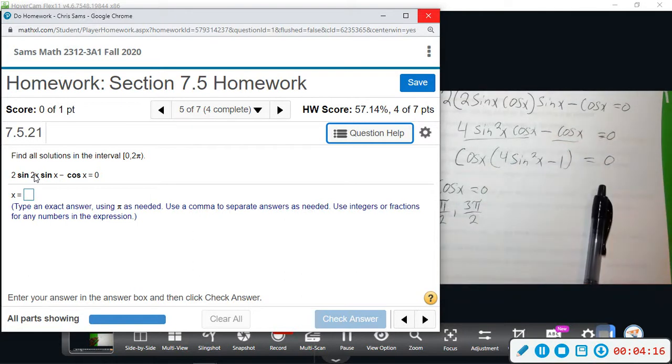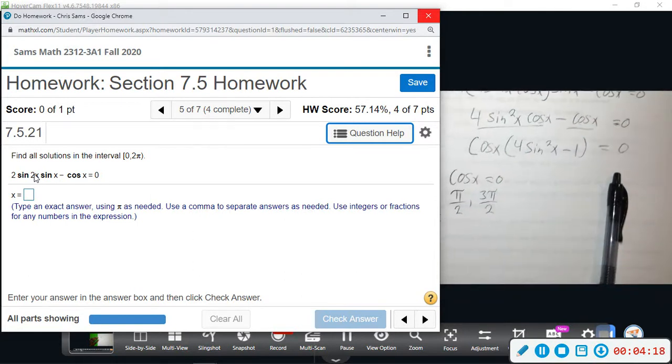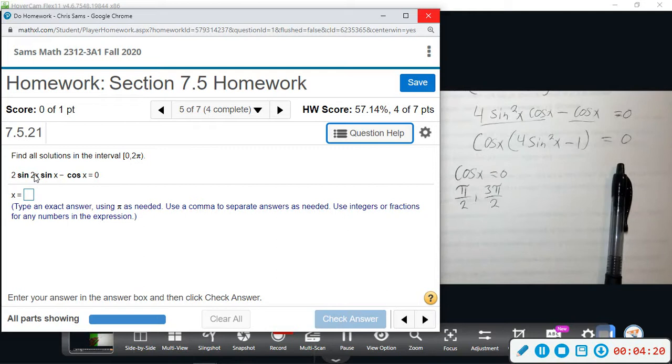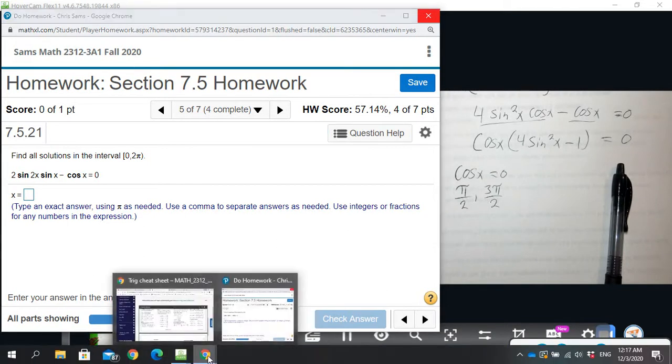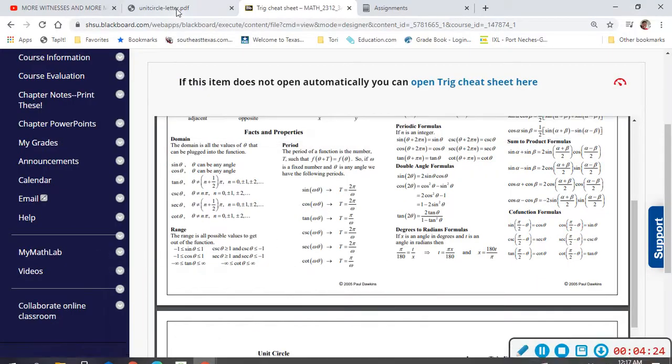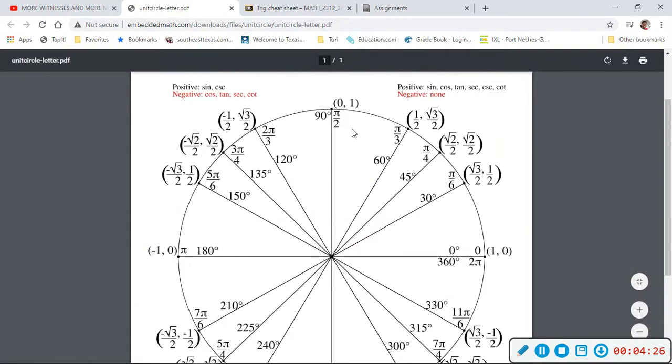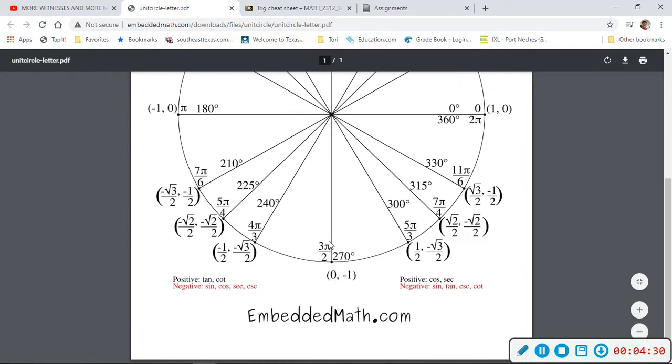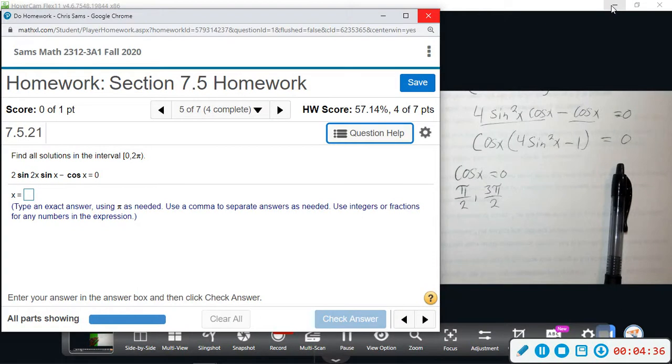Alright, I'm kind of doing these from memory, but let me point them out. Unit circle. X value of 0 corresponds to pi over 2, and x value 0, 3 pi over 2. So those radian measurements. Alright, and then the other one, we actually have to solve it.